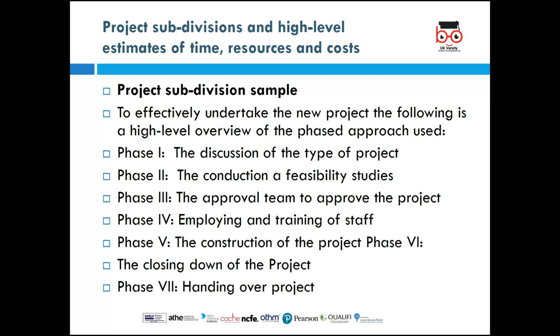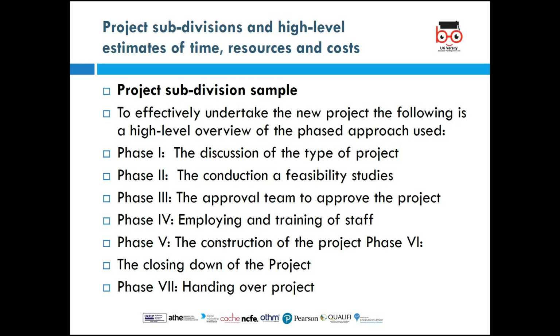The next phase, phase 4, will be employing and training staff on the contract. Phase 5 will be the construction phase of the project itself. After construction, the next phase will be the closing down of the project. And then the last phase will be handing over the project. So a project can have different subdivisions.